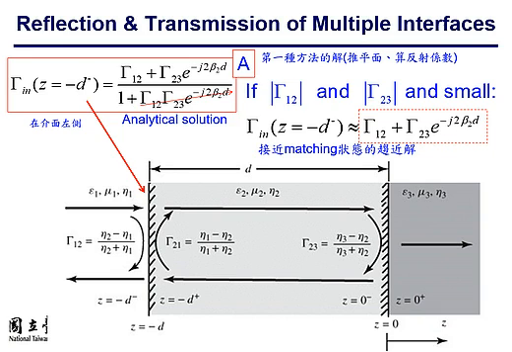So as long as the difference between medium 1 and medium 2, and between medium 2 and medium 3, are small, the solution can be simplified to just gamma 1,2 plus gamma 2,3 times the phase adjustment. The result will approximate the analytical solution. And this is usually the case for a radome.